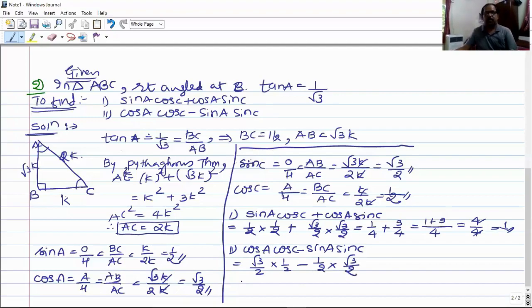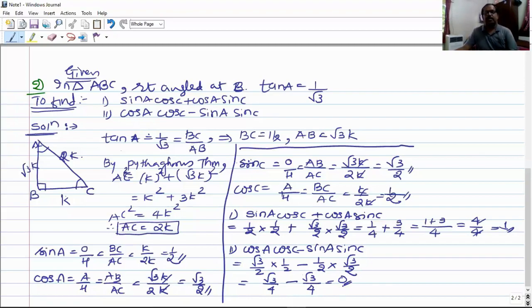Root 3 by 2 into 1 by 2 will be root 3 upon 4, whereas 1 by 2 into root 3 by 2 will again be root 3 upon 4. So root 3 by 4 minus root 3 by 4, they are equal and opposite numbers, so that will get cancelled and you are left with the answer 0.